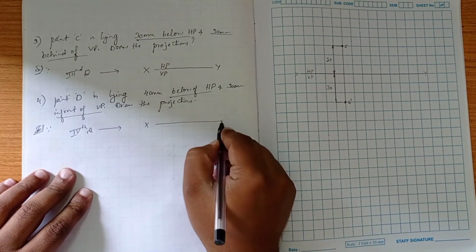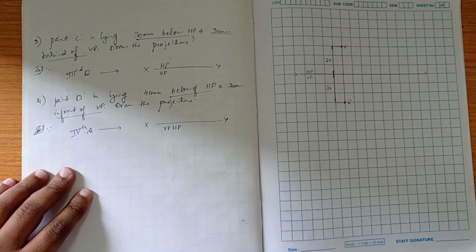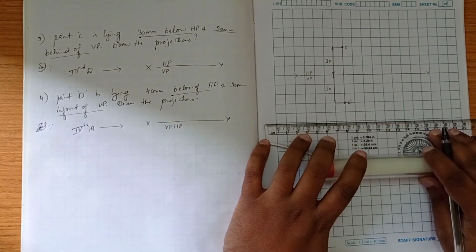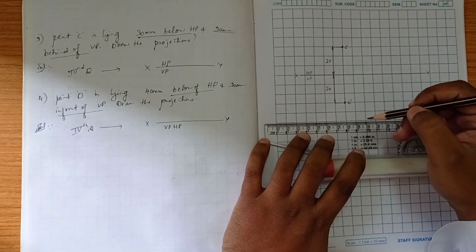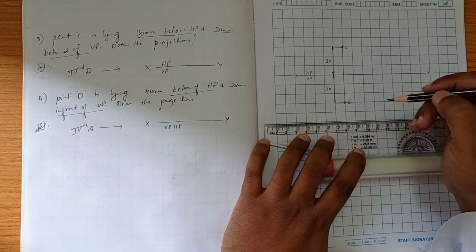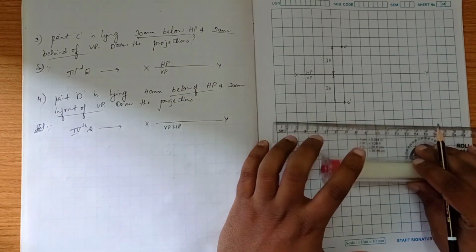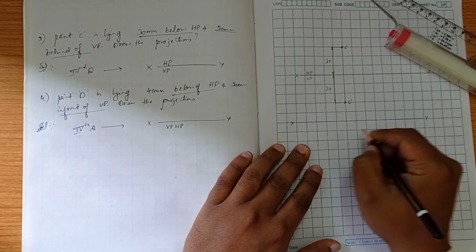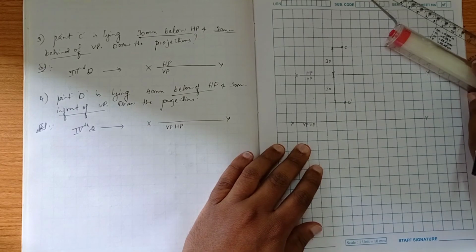We know for the conventions, both the vertical plane and the horizontal plane lie below the XY. Draw the XY line here first. Both vertical plane and horizontal plane are below XY.